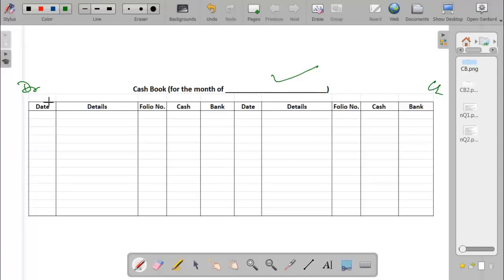Now see how many columns there are on the debit side. The first column is for date, then details, then folio number, then cash transactions and banking transactions. This is the debit side, and from here to here is the credit side: date, details, folio number, cash transaction and banking transaction.